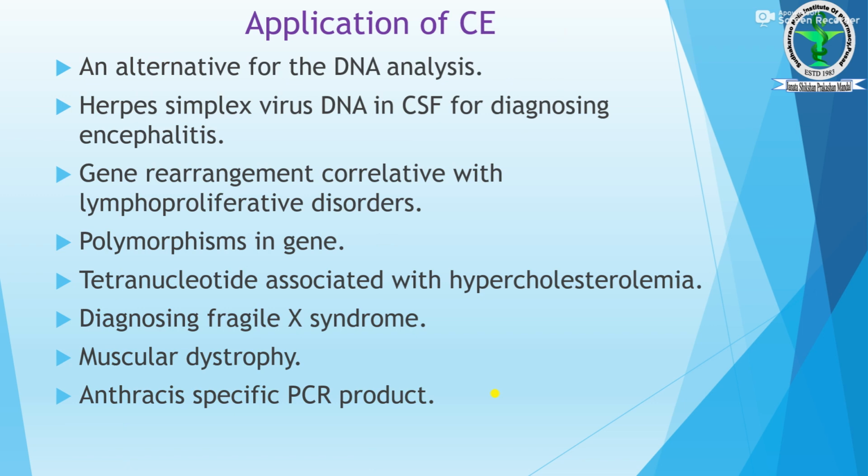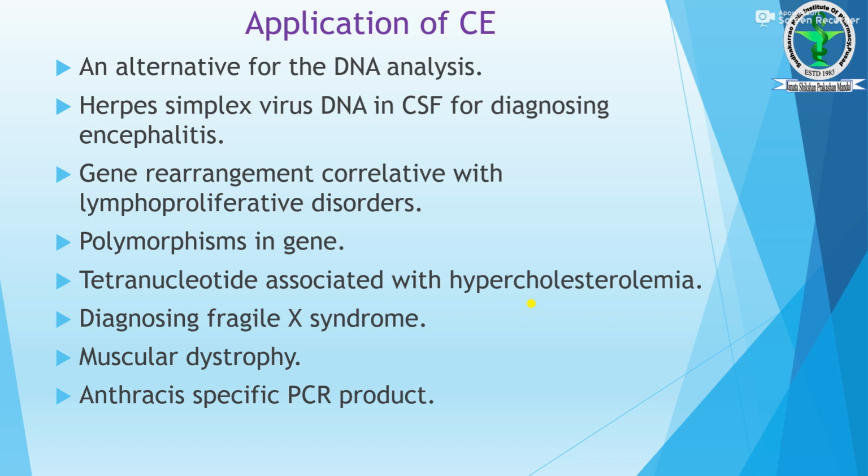डीएनए एनालिसिस के लिए यूज किया जाता है herpes simplex virus DNA in CSF, for diagnosis. An alternative for the DNA analysis. Herpes simplex virus DNA in CSF for diagnosis.